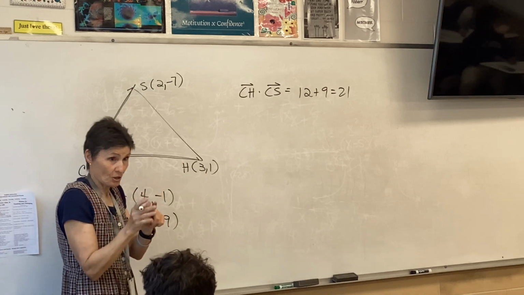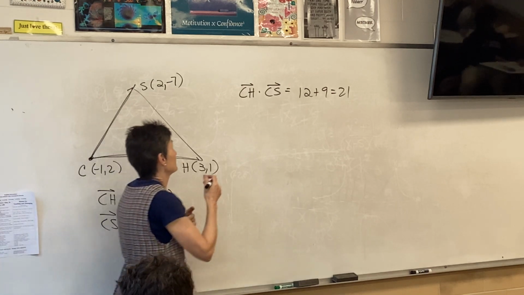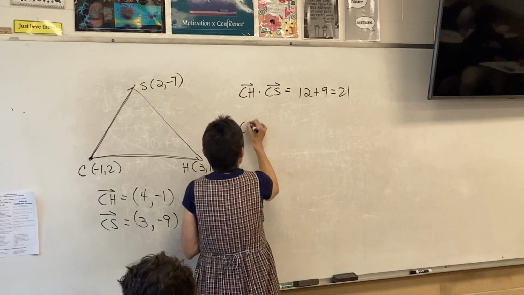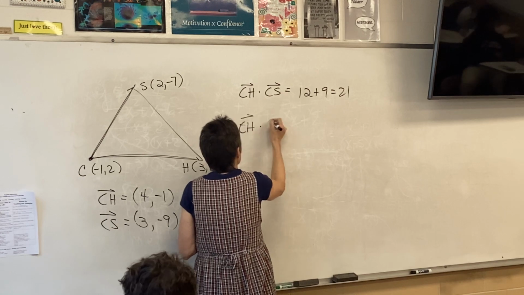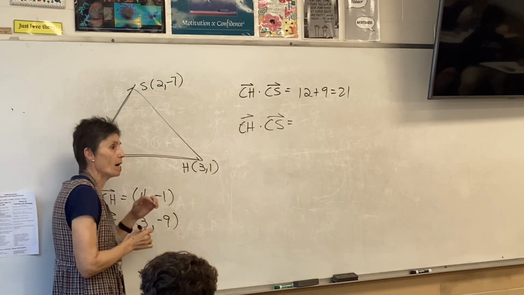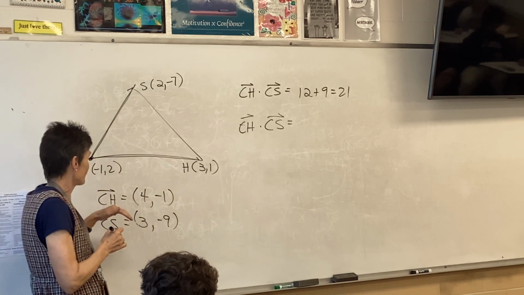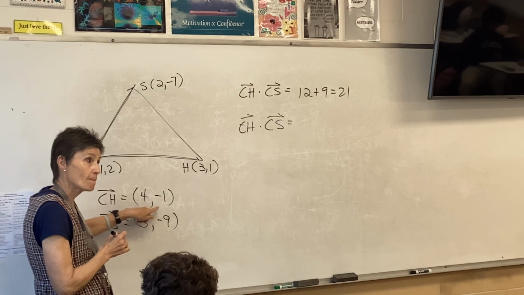I know also that the dot product can be calculated by taking the magnitude of the first vector. So what's the magnitude of this vector?